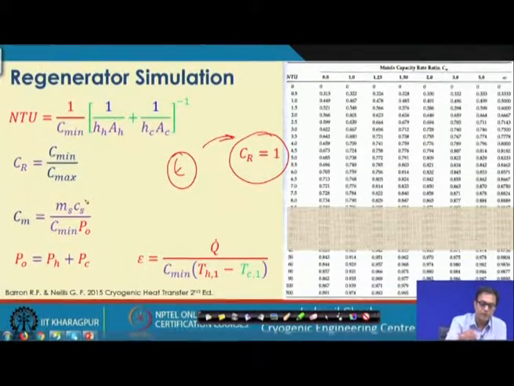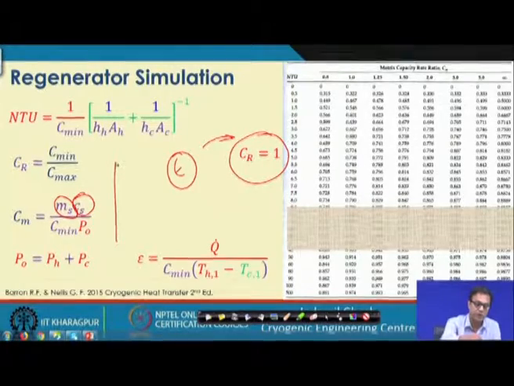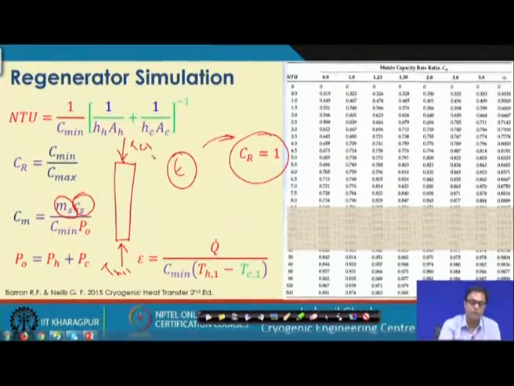Now, the geometry being known, we know the mass of the matrix that is present, and Cs is the specific heat. Because we know the exit temperature of the hot fluid, tentatively, with Th1 and Tc1 being known, we know the two extremities.